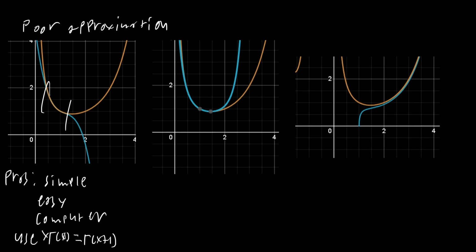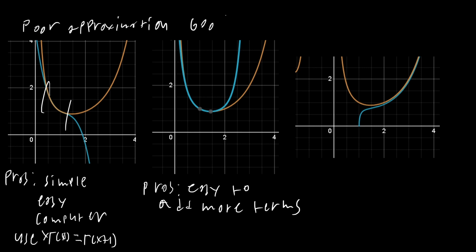Now for this next one, the pros would probably be it's easy to expand, easy to add more terms. So that means we're going to be able to add a lot of terms and get a great approximation super easily. So this is more of a good approximation, right?